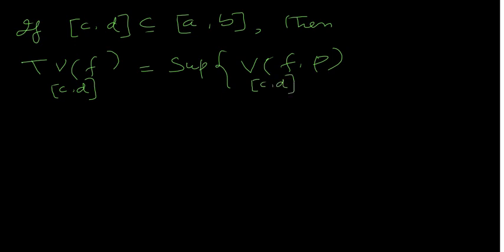That means we have to restrict our function f to the closed interval [c, d]. In other words, we choose a partition P of [c, d], and then we get different variations of f over [c, d], and finally we choose the supremum. That supremum is called the total variation of f over the interval [c, d], where [c, d] is a subinterval of [a, b].